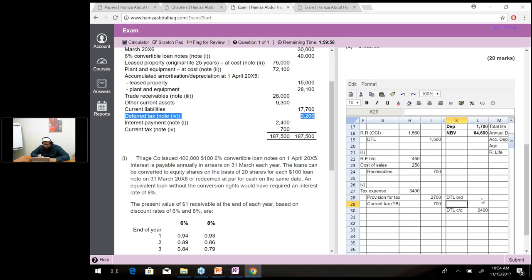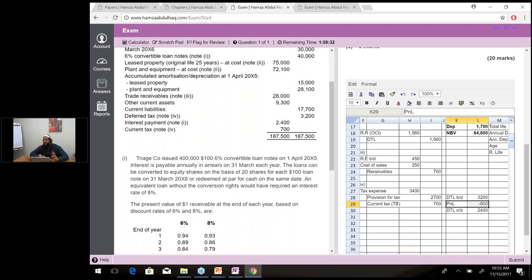So the liability brought down is actually 3200, and the carried down we have calculated is 2400. So if I calculate the movement, which will go to P&L, the deferred tax liability is actually decreasing by 800.